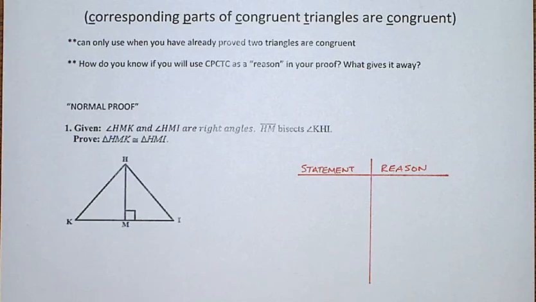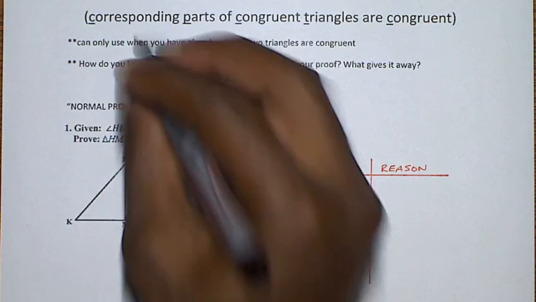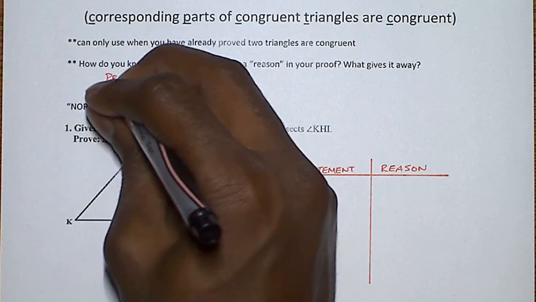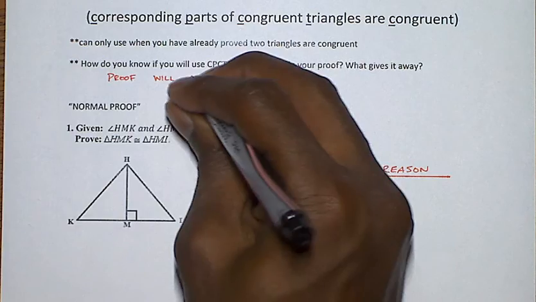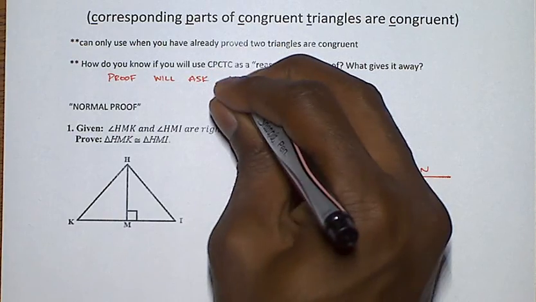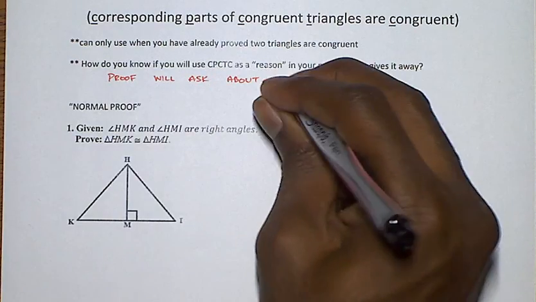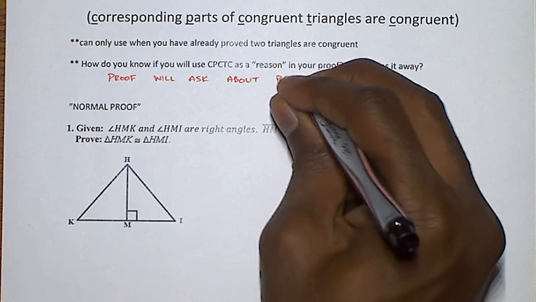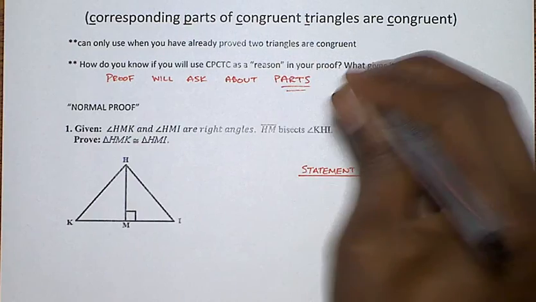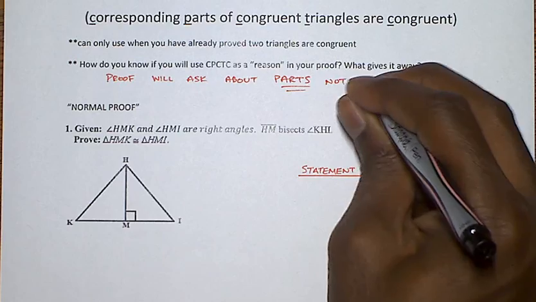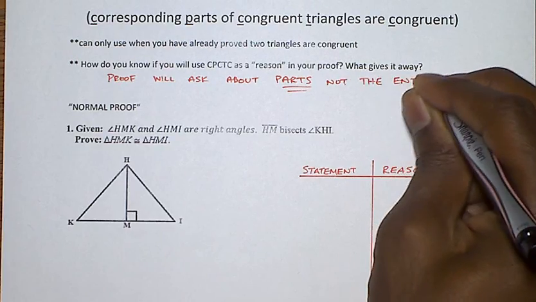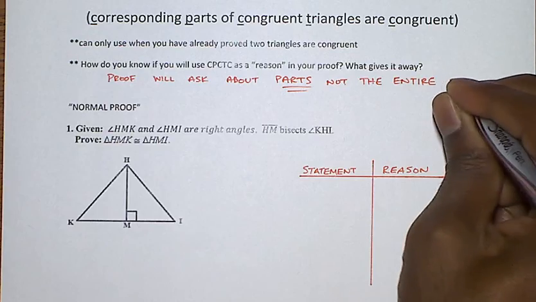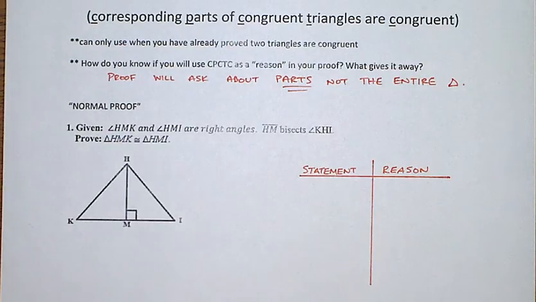Okay? So what gives it away is the proof will ask about parts, not the entire triangle.